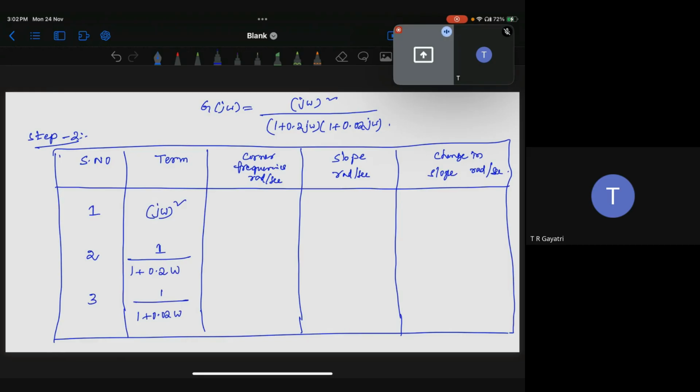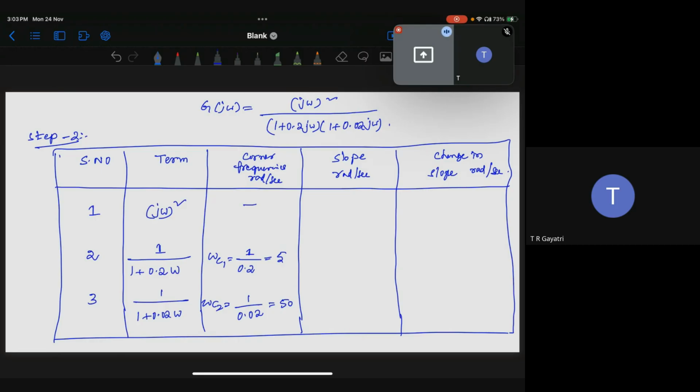Here (jω)² will not have any corner frequency. For the other term, the corner frequency is 1 by 0.2, that is 5, because 0.2 is the time constant, and frequency is the inverse of time. Similarly, ωc2 is 1 by 0.02, that is 50. These are the corner frequencies at 5 and 50.